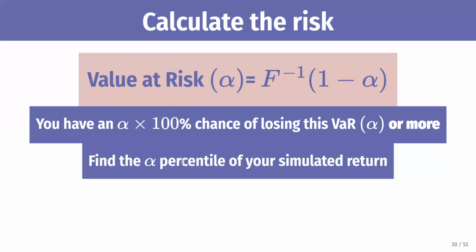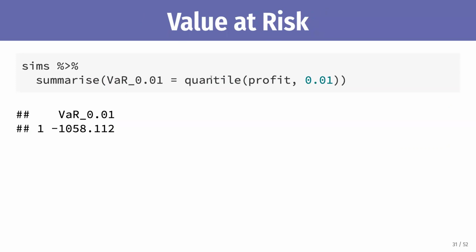The way you do this in practice is you find the alpha percentile of your simulated return, which is basically just finding the quantile of your simulated return, which is quite easy to do. This equation looks a little bit daunting. This capital F just means that it's a cumulative distribution function, but in practice, it's quite easy to get this number. We use the quantile function in R to calculate a percentile.